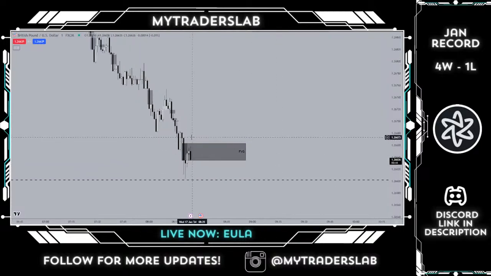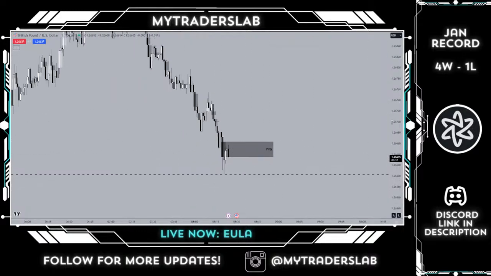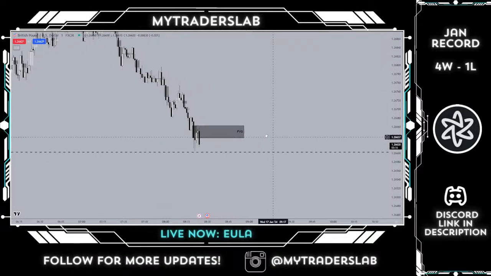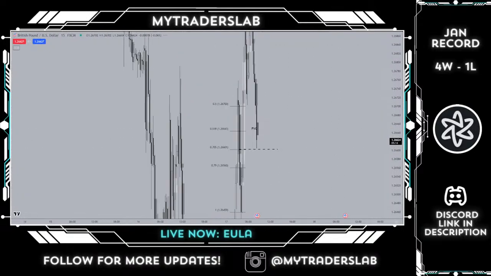If it breaks beyond this, then it will most likely pump. But right now it's just doing its own thing inside, so we've got to wait. Right, so respecting the fair value gap. Seems like there's more downside to go.